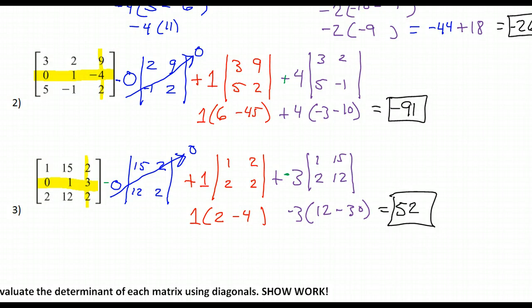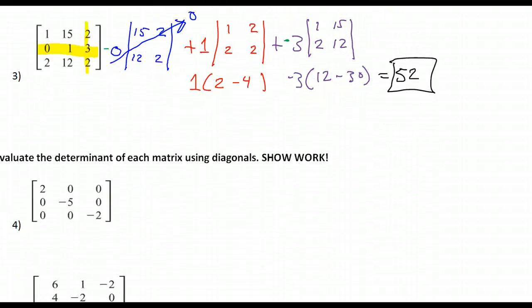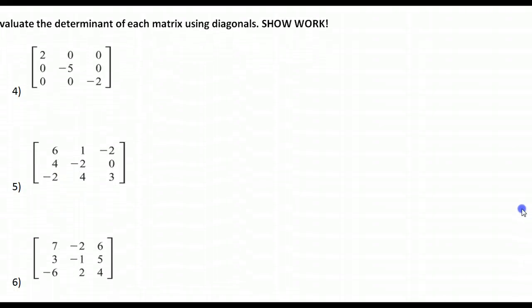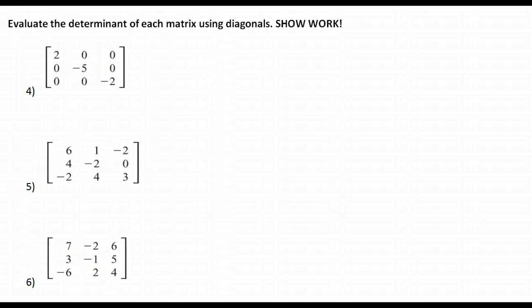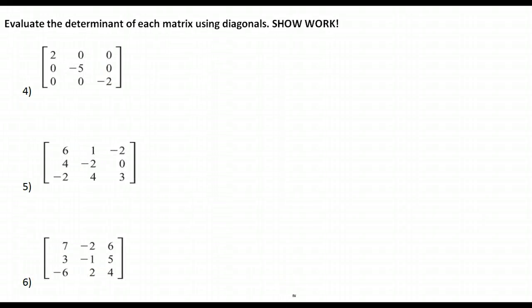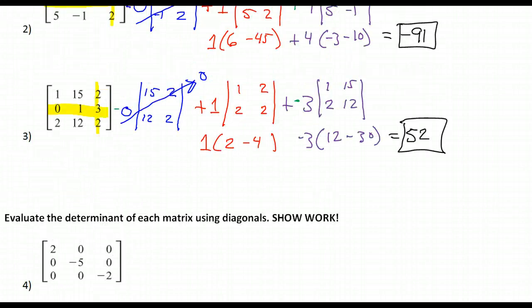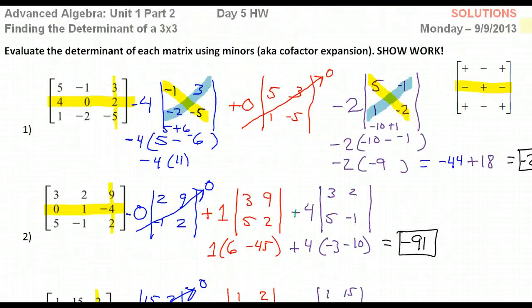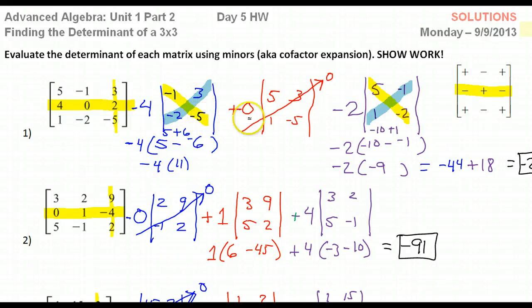Okay, now it's time to learn the other method of finding the determinant of a 3 by 3 matrix. And this method involves using diagonals. Remember, every time we did the determinant with the 2 by 2 matrix, we always did the down diagonal minus the up diagonal.